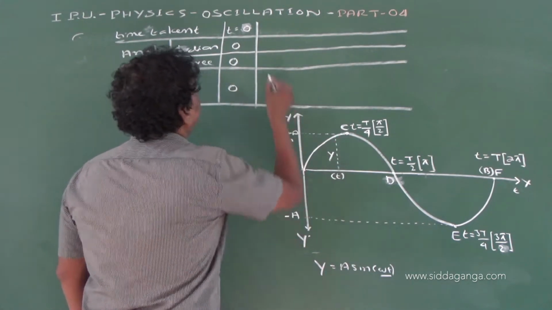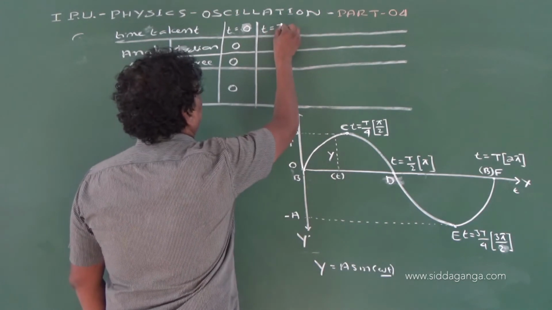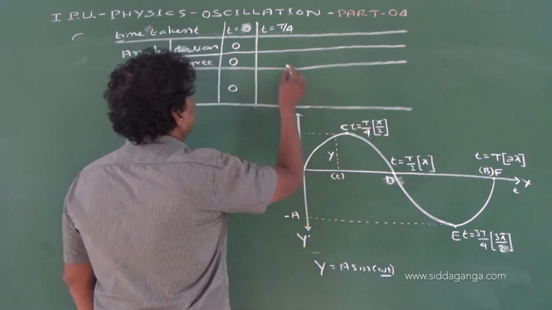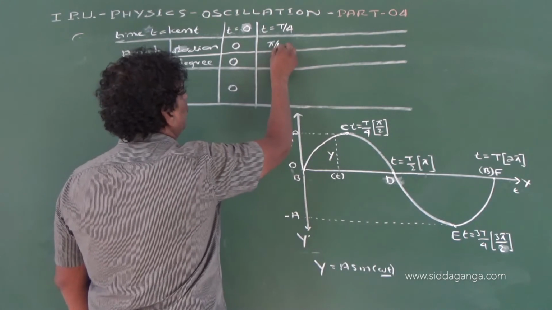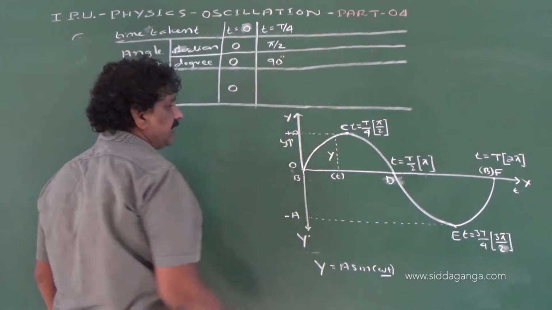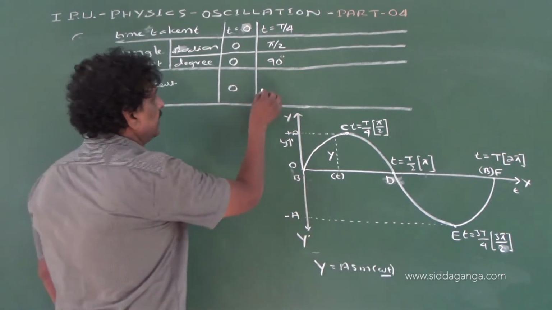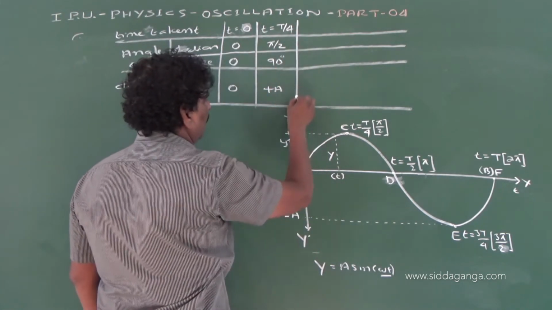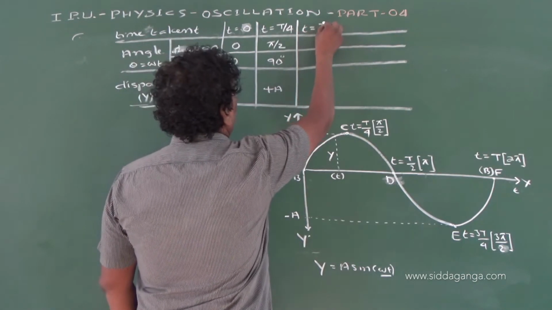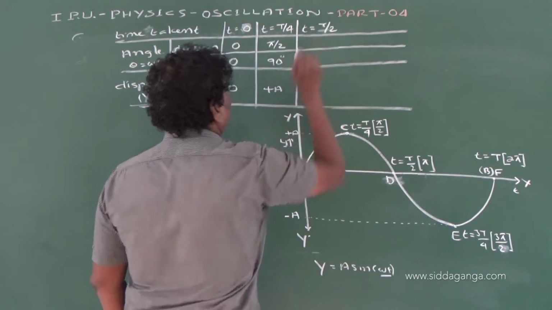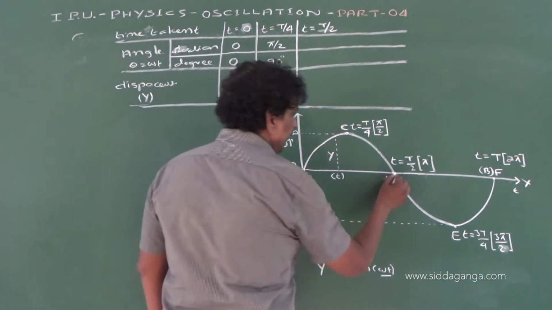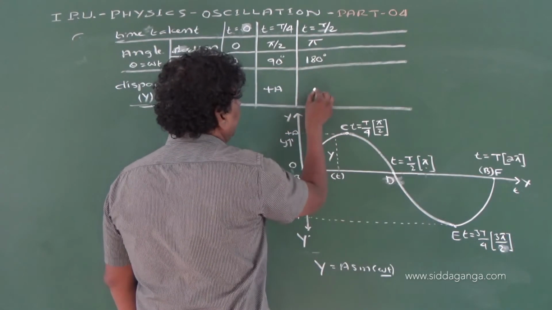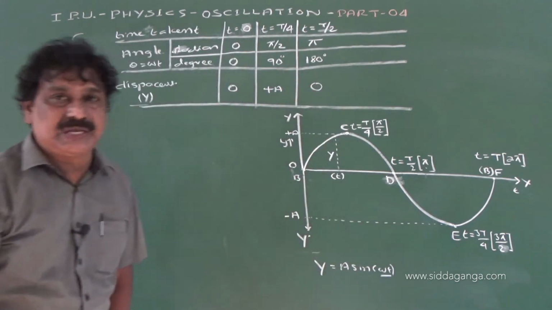Now at C, when t is equal to T by 4, the angle covered is pi by 2 in radian, or 90 degrees, and the displacement is plus A. Now when time t is equal to T by 2, there is position D. The angle covered in radian is pi, in degree is 180 degrees, and again the displacement is 0.